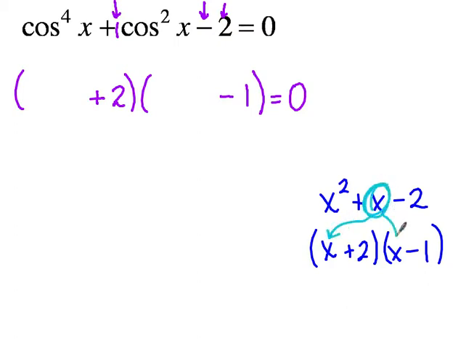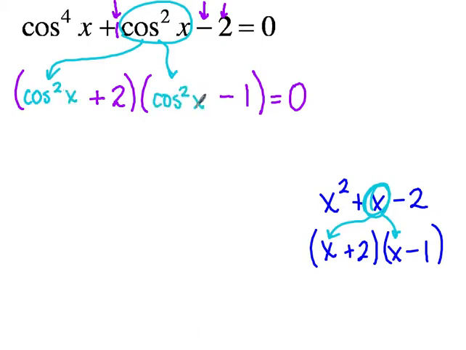That would be what goes here. Well, I'm going to do the same thing here. This middle term is cosine squared, right? So that's what I'm going to put here, and that's what I'm going to put here. And this is the thing, if you take cosine squared times cosine squared, that gives you cosine to the 4th. That's exactly what you wanted.